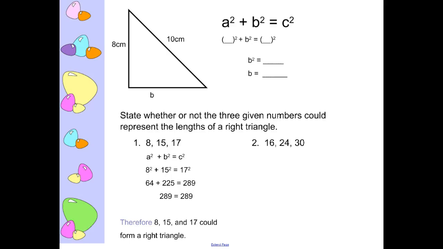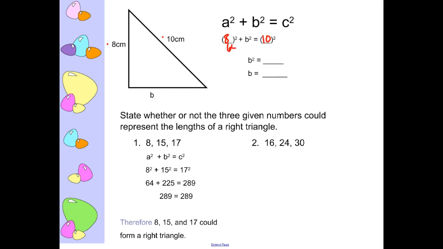Now, let's look at a couple others. If you look at my next triangle, I gave us one of the legs and the hypotenuse, and now we're looking for B. I left some blanks for you. So we've got A squared, we'll make that 8 squared. B squared is the other leg we're trying to find. Hypotenuse is 10.